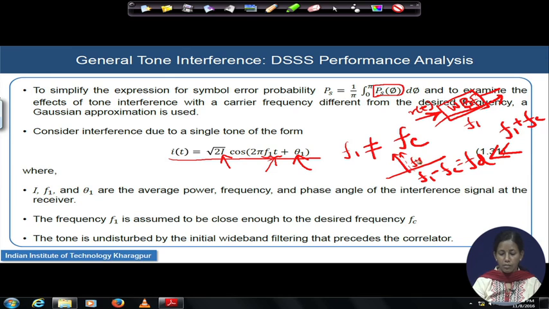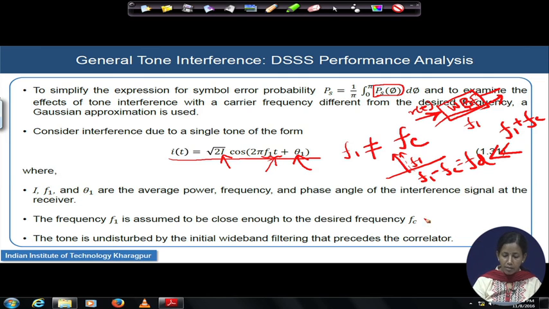It would cut it out if the difference between fc and f1 is large. It may then happen that f1 falls outside the wideband filter bandwidth, and in that situation the effect of f1 won't appear in this kind of mathematical analysis, nor have any effect on the symbol error probability, and hence can be neglected.